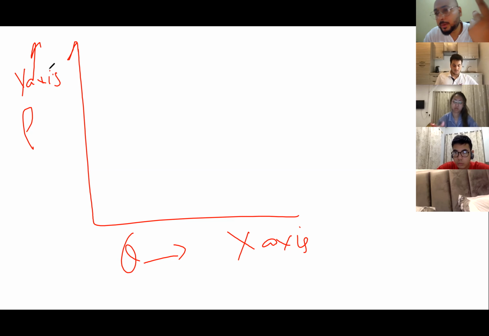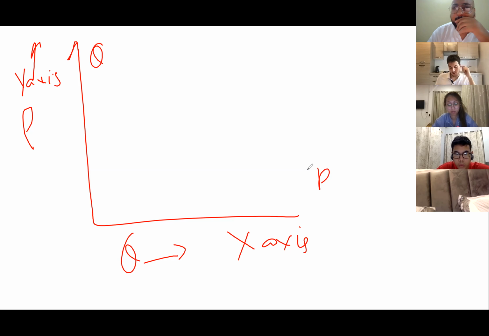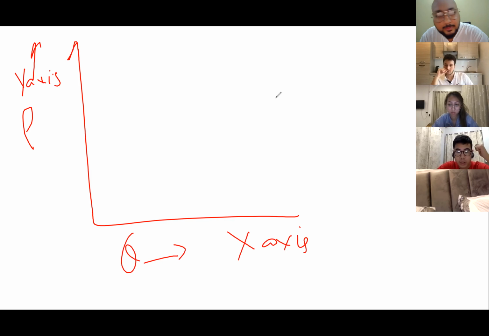Why don't we replace the position? Why not have quantity here and price here? Can anybody answer me? That is a very logical question, because the price and the quantity demanded have a relation, isn't it?